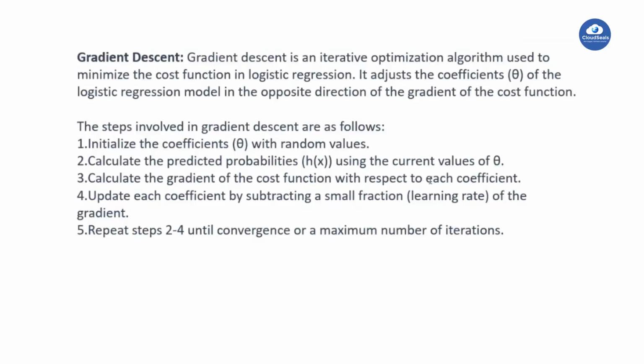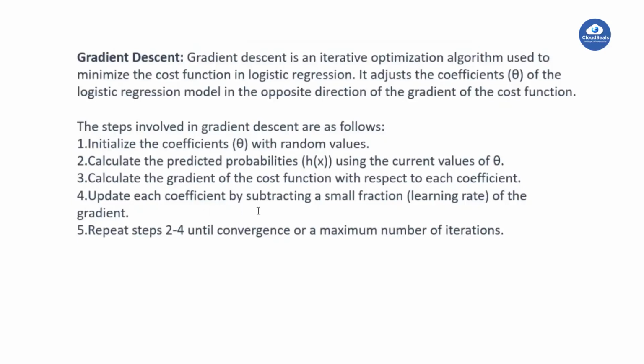For example, let's assume we get a very low accuracy, 0.4, that means 40%. That means the cost function is very high. Cost function is nothing but error, so if the accuracy is 40%, the error is very high. What do we do?